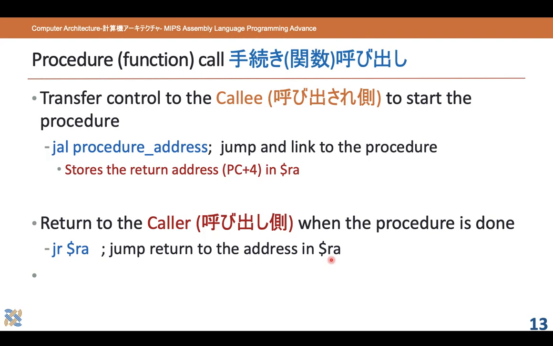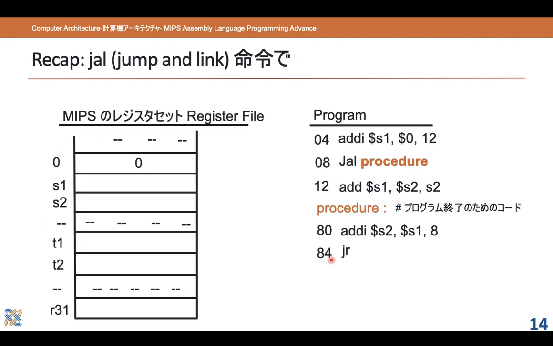Well, to be more clear, let's have this example. Here is a very simple MIPS assembly code, and the left column is the memory address, for example. The first line says add I S0 0 12. That means it changes the value of register S1 to 12. And here is the set of registers.